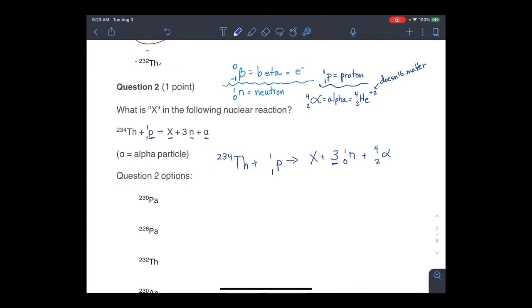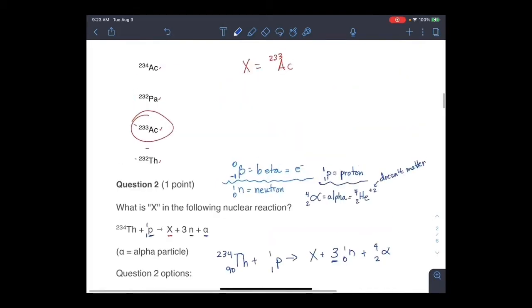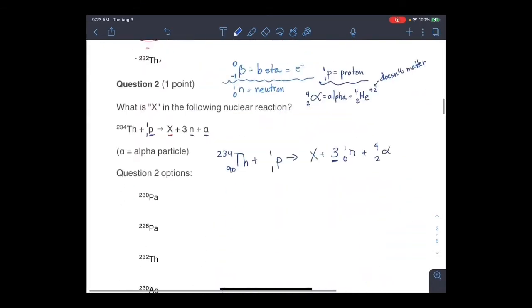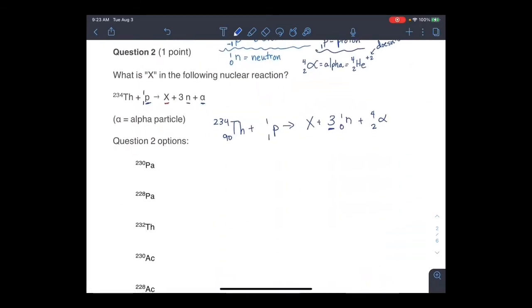So we saw thorium up above, otherwise we'd go look him up. He is 90. All right, we saw him up here, so he's 90. Otherwise, we'd have to go look him up. And then to balance it, on the left, I have 91. That means on the right, I need to have 91.